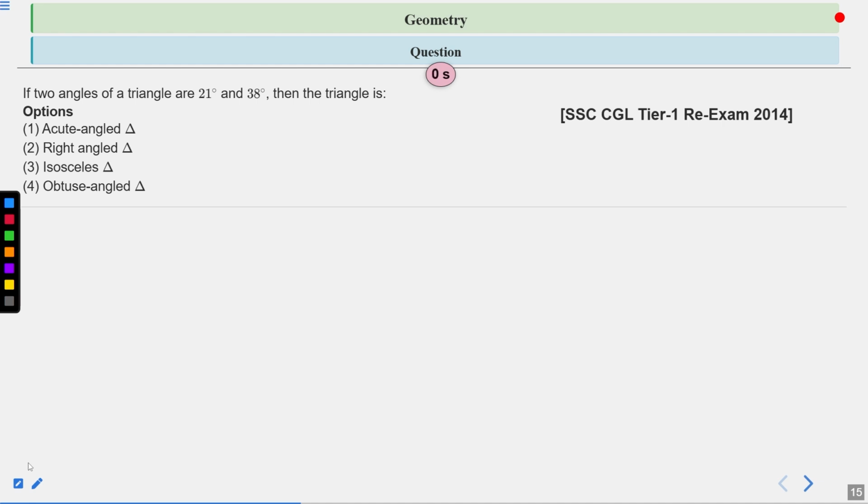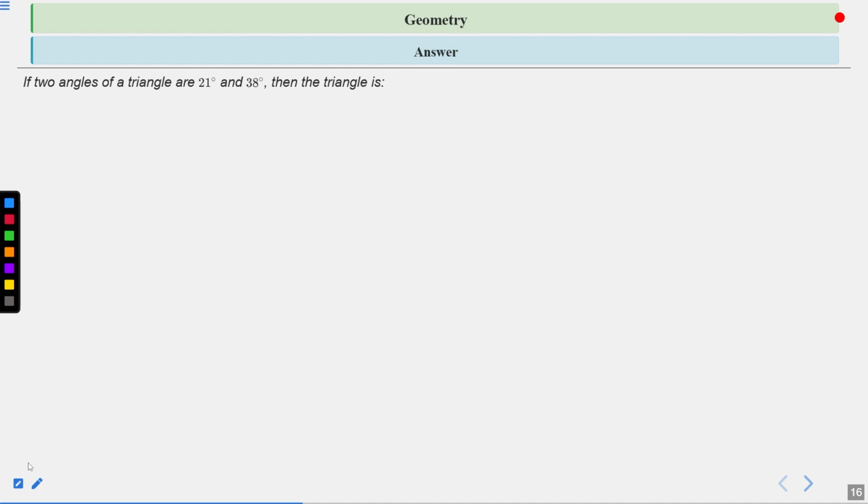Now time's up. Let's see the solution of this question. The question says that if two angles of a triangle are 21 degree and 38 degree, what is the triangle? We know that the sum of all the angles of the triangle is 180. If one angle of a triangle is more than 90, then the triangle is an obtuse angle triangle.